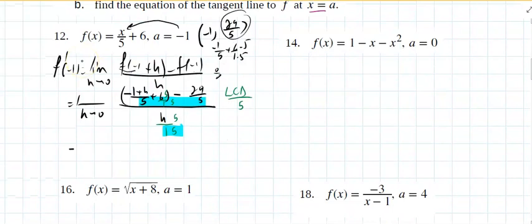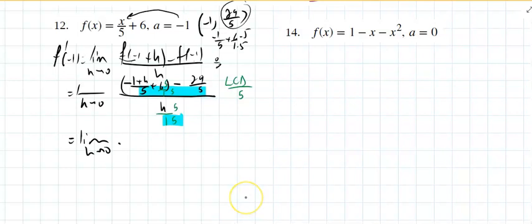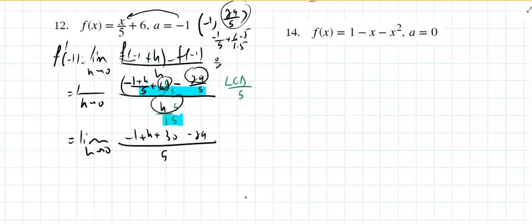This automatically becomes the limit as h approaches 0 of just the top, -1 plus h plus 5 times 6 is 30, minus 29, over 5h. Let's see, -1 minus 30 plus 30 cancel out. And what happens when you cancel the h's? Isn't that just 1/5? Because the limit of a constant is the constant.